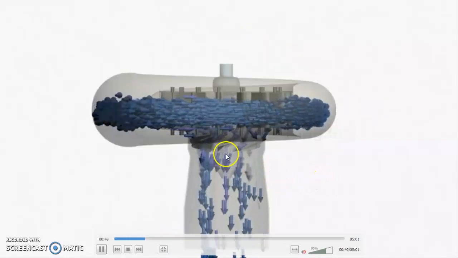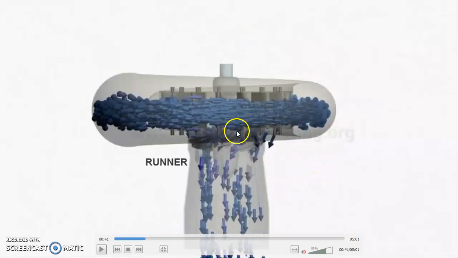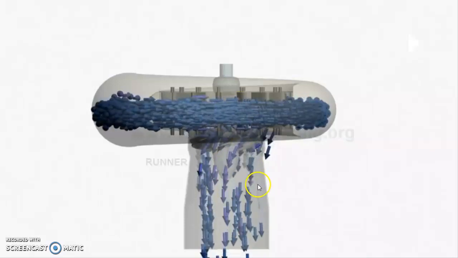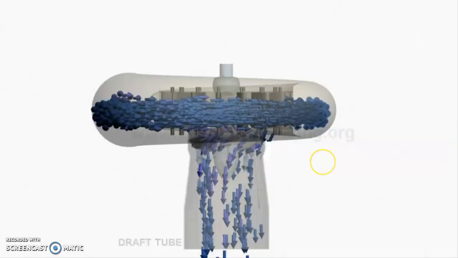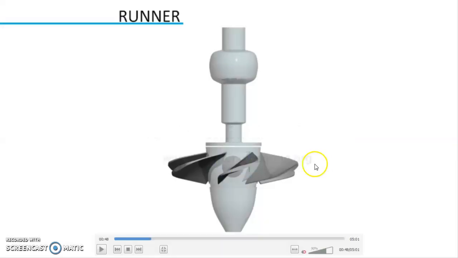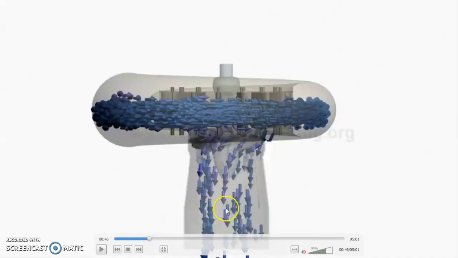And the water flow will leave the assembly parallel to the axis of the shaft.